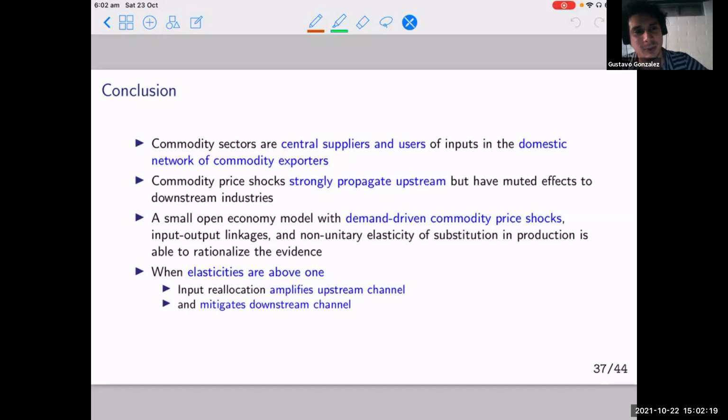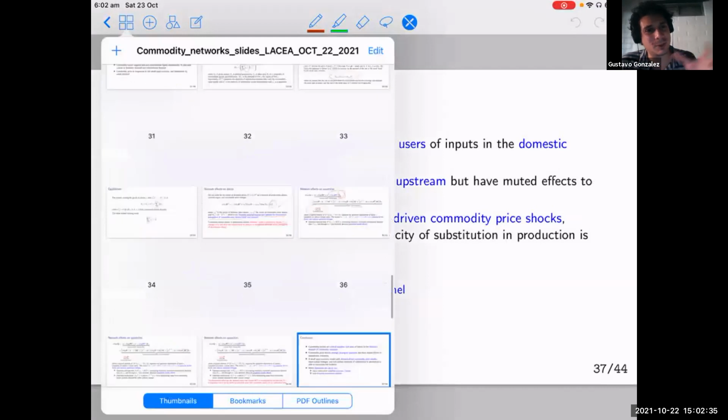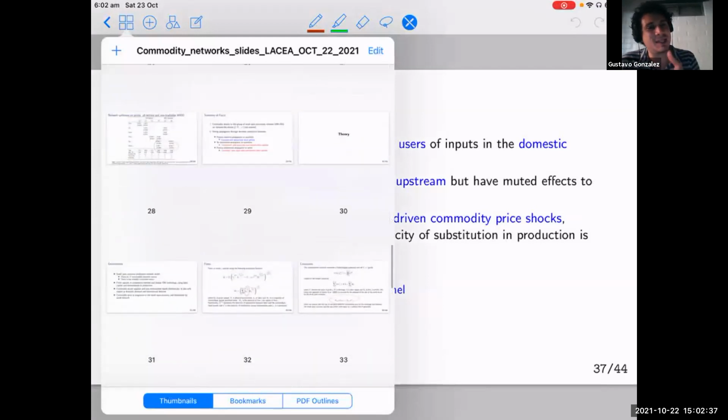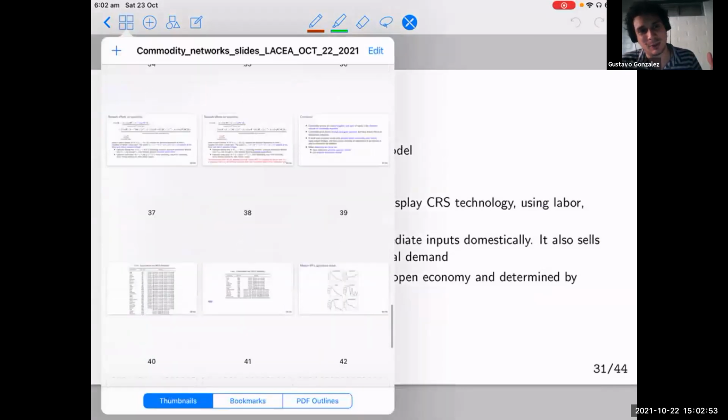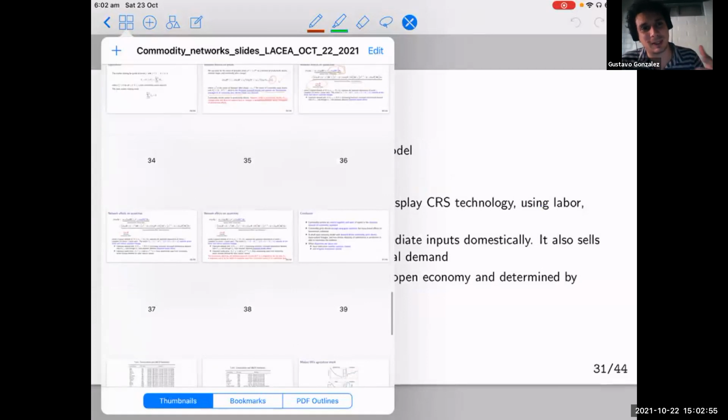Jorge, I know that you want to go more quantitative in the future, but I think this is a comment that I made to you for the SETI conference. Do you have an idea of how important, I mean, if you were to write a simple production networks model, and you were to derive this equation that you have at the end, and you put a number to this elasticity of substitution, do you have a sense of how big the effect of the elasticity of substitution on the upstream effect can be?